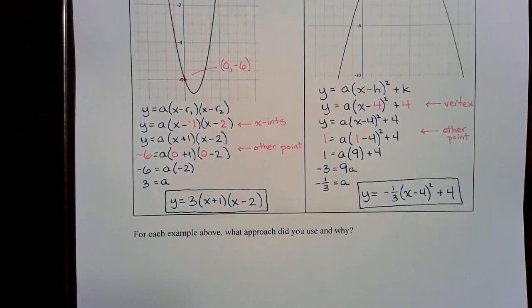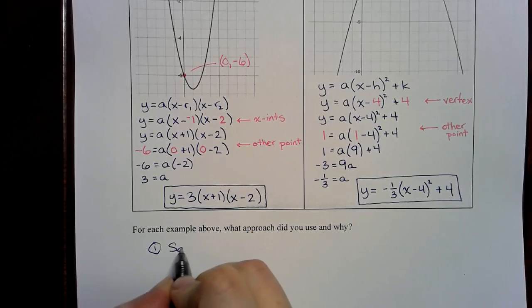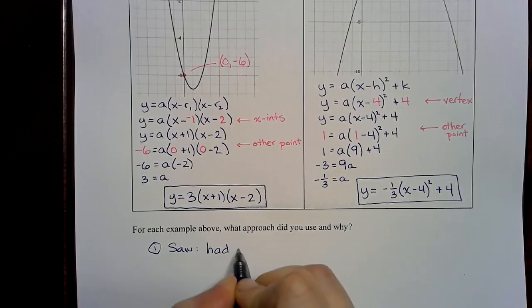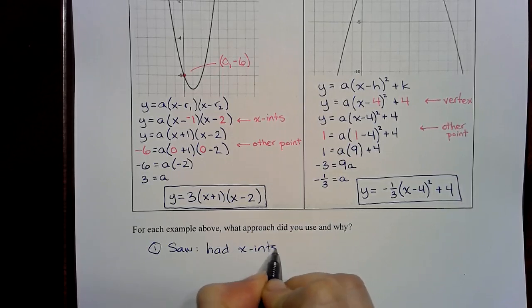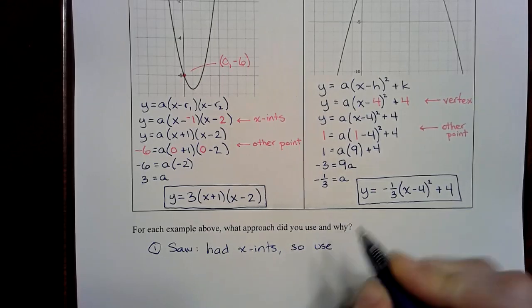So, to review for each example that we saw: for example 1, we saw that we had the x-intercepts, so we used factor form.